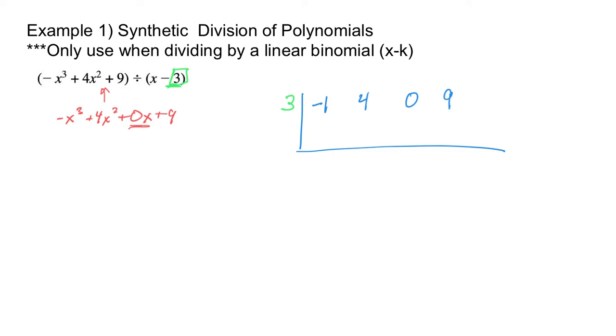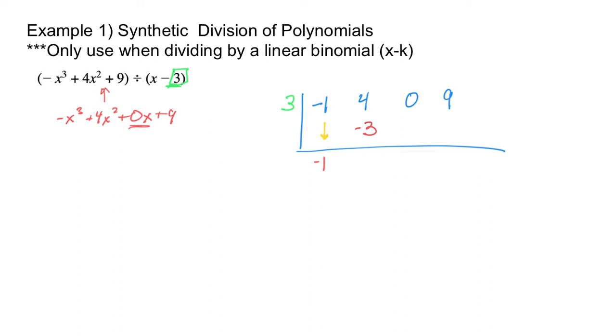Then with synthetic division, all you do is you bring down the first number. So that always is going to come down, whatever that first number is, it comes straight down. And then you're going to multiply. You're going to take this number here, this 3, and you're going to multiply it by -1. 3 times -1 gives you -3, and we write that up there in that spot right below the 4. And then we're going to do a series of addition problems.